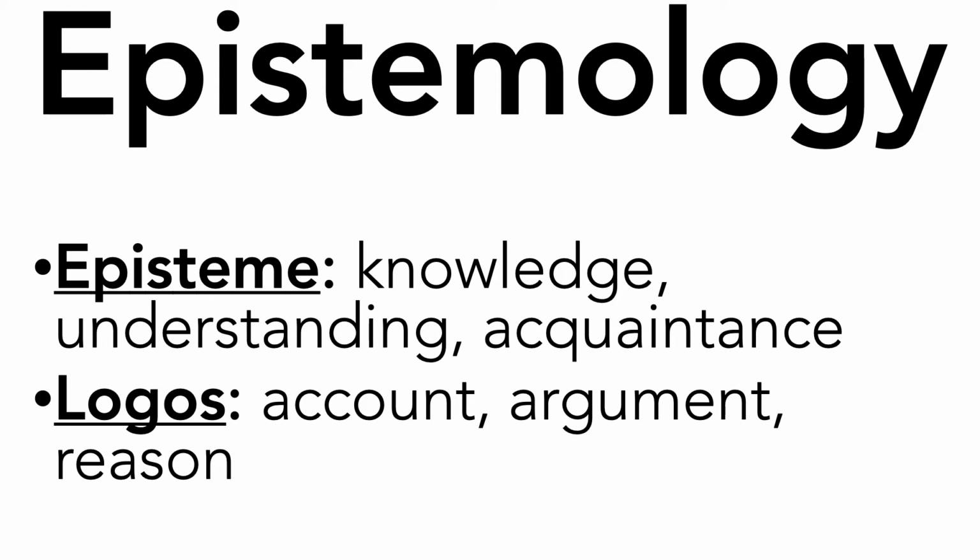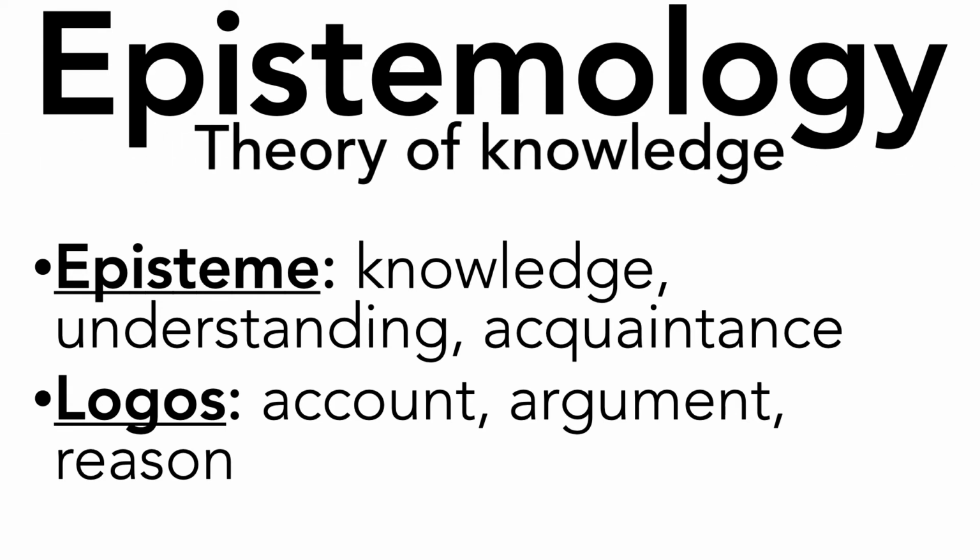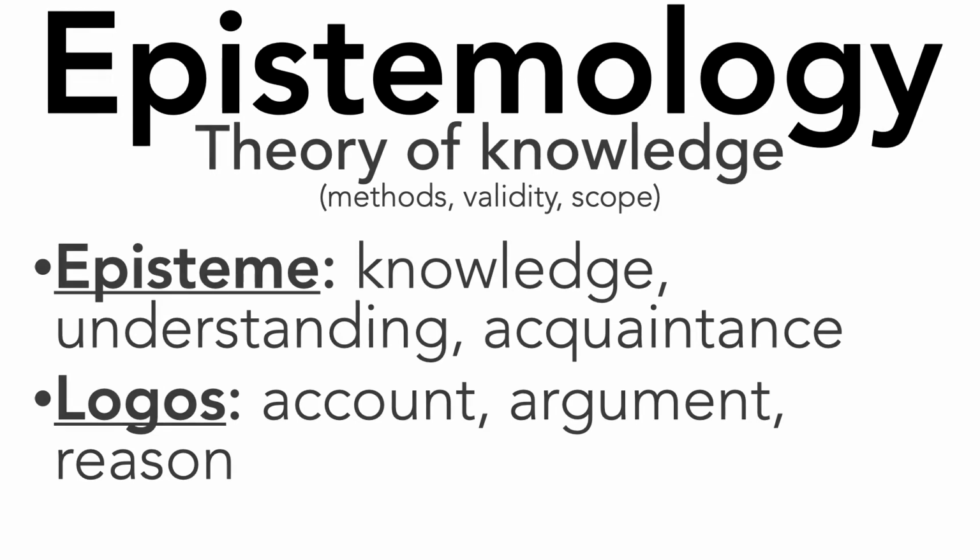And given these, epistemology as a word refers to the theory of knowledge, especially with regard to its methods, how we know things, validity, how we ensure our knowledge is true, and scope, what's actually worth knowing. So epistemology is the investigation of what distinguishes justified belief, what we are certain is true, from opinion.